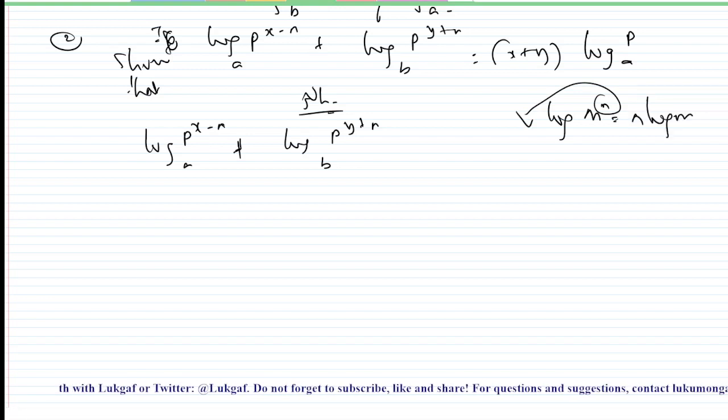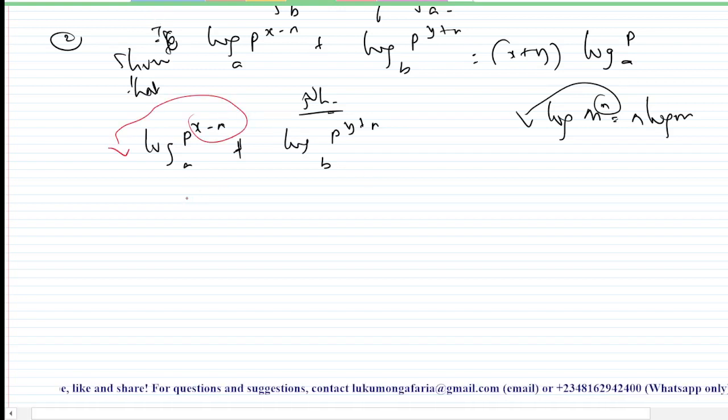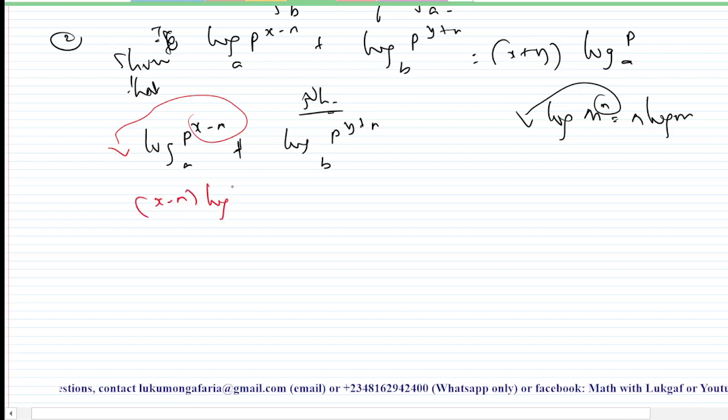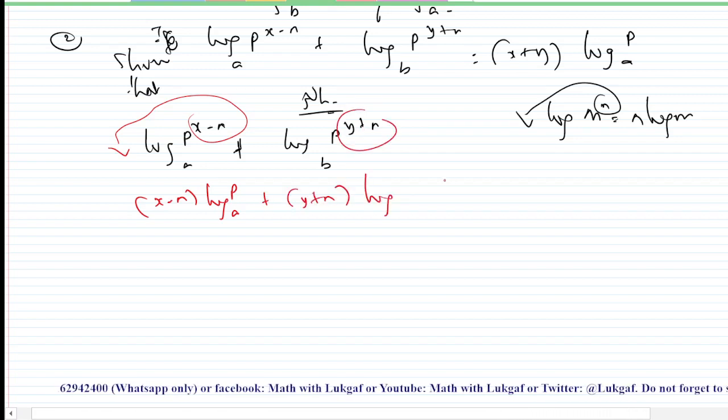You understand? If that is clear, then I can bring this here, applying my laws of logarithm. So it's going to give me x minus n log p base a. Then you bring this here, y plus n. Sorry, I think this is base a. I made a mistake. It is log p base a.